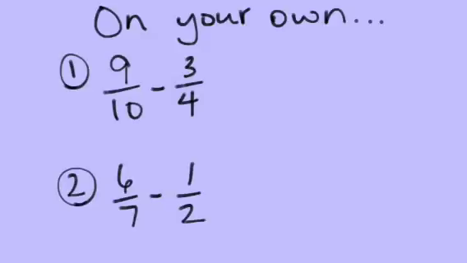All right, I'm going to assume you paused the video and you have your answer in front of you. Now let's check and see how we did. For number 1, I've got 10 and I've got 4. Those are some interesting denominators. Right off the bat, I could make them 40, but I bet there's a smaller number I could use.